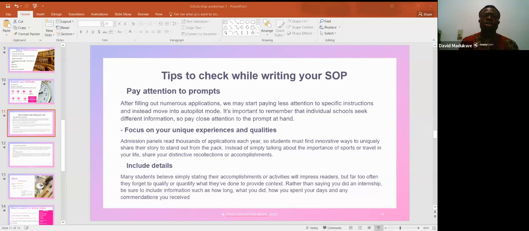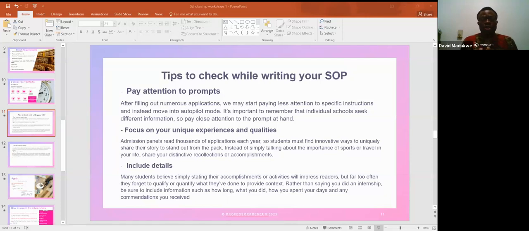Different schools, as I said earlier, have different requirements. So you don't use the statement of purpose you used to apply to a particular school to apply to another school. You have to look at the peculiarity of the school you're applying to. What do they want from you? What are the basic requirements they demand from you?